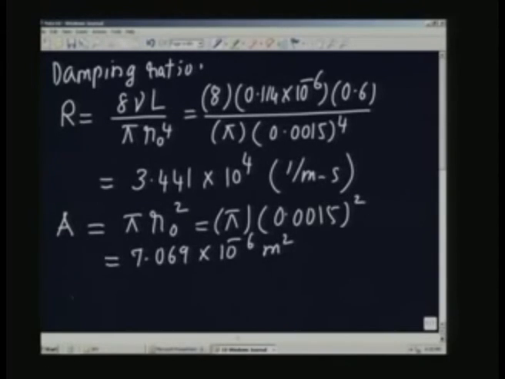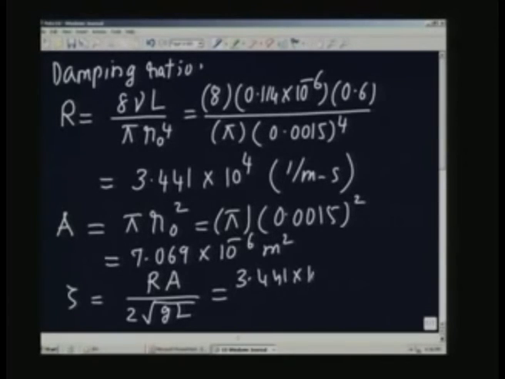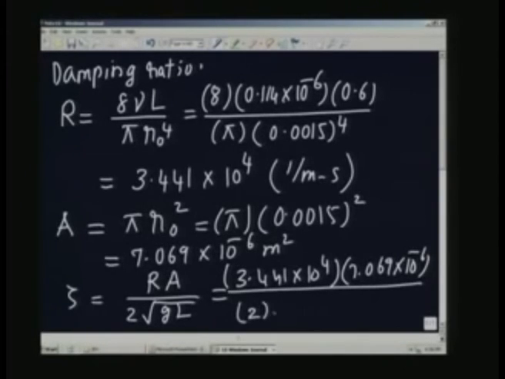So, the damping ratio zeta is nothing but R A by 2 root g L, and I just plug in the values: R into A divided by 2 square root of 9.81 into 0.6.